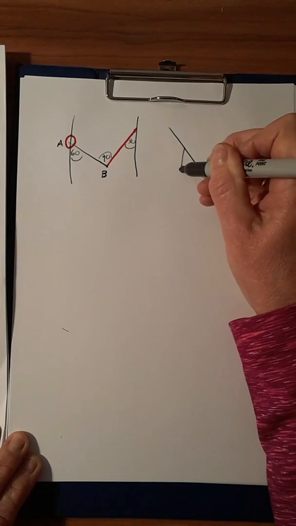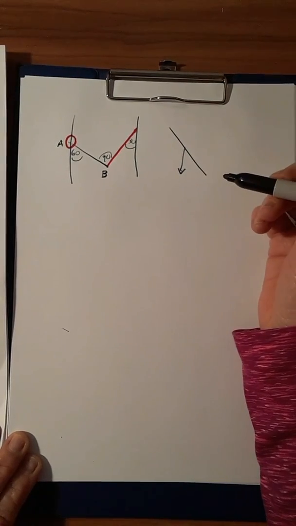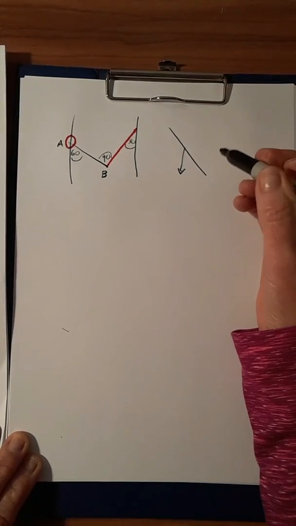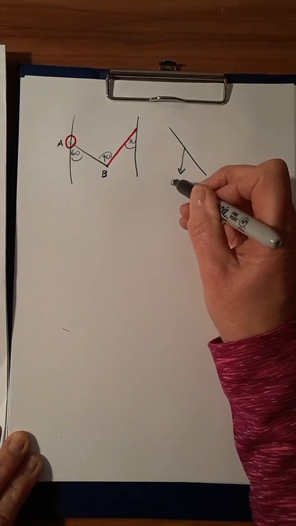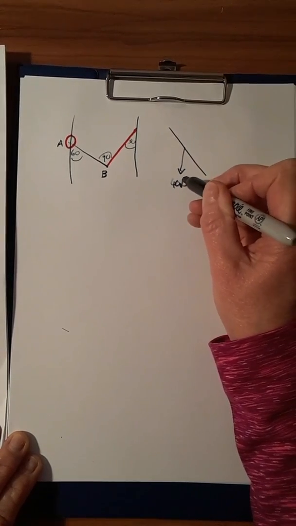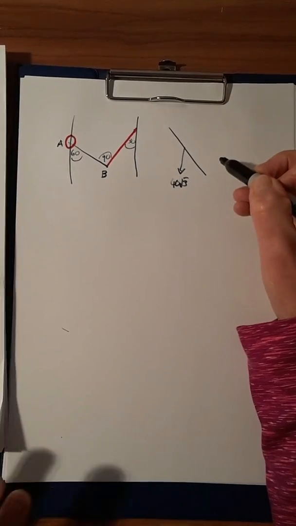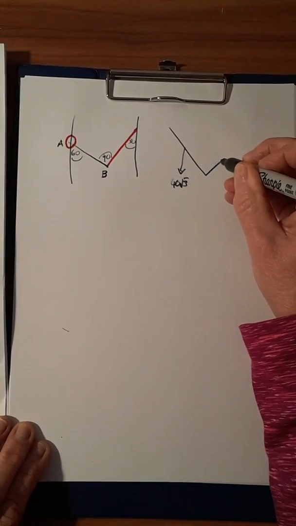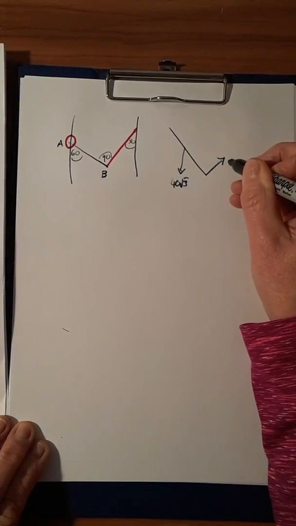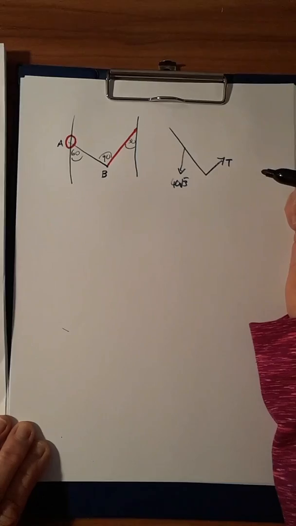Of course, it has a weight force, which always acts down through the middle of the rod, down towards the centre of the earth. And that weight, I'm told, is 40√3. This string is acting in this direction, so this piece of string is going to offer a tension. I'm going to call that tension force T.